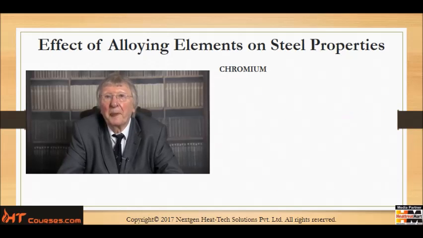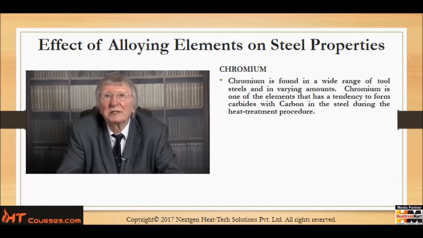Chromium. Chromium is found in a wide range of tool steels and in varying amounts. Chromium is one of the elements that has a tendency to form carbides with carbon in the steel during the heat treatment procedures.